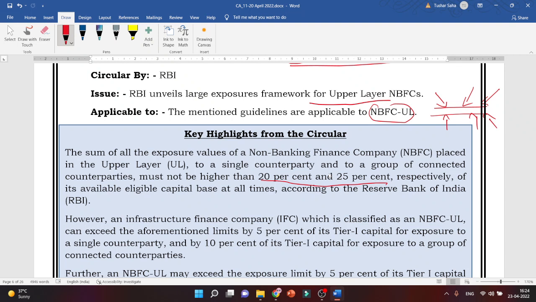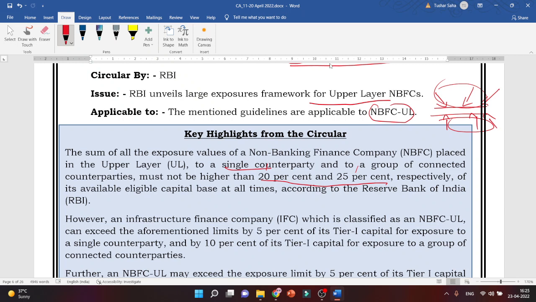Those JCB machines, meaning earth mover machines, right? So all those things. Now let's say everyone is taking money from this NBFC, so that becomes the group of connected counterparties. And if that is a single counterparty, so I hope that's clear, right? Now, it must not exceed, so for single it's 20%, for group it's 25% of the overall amount.